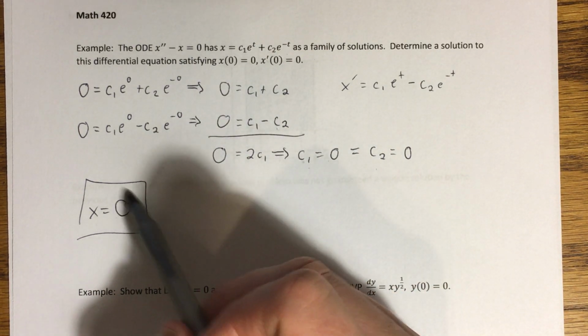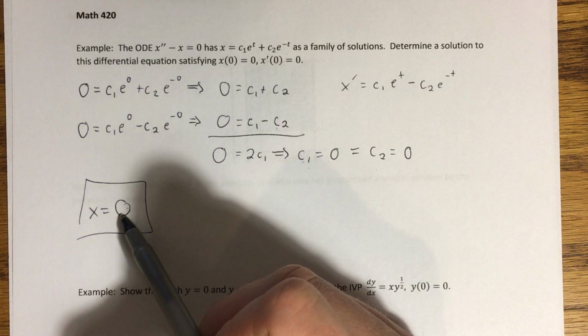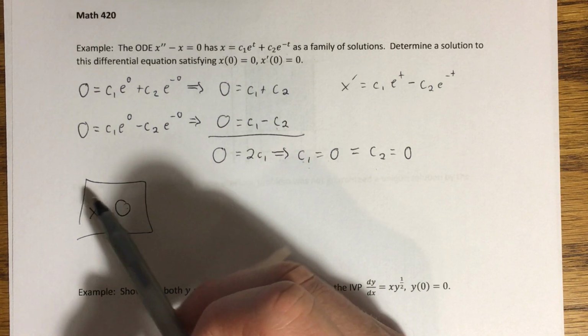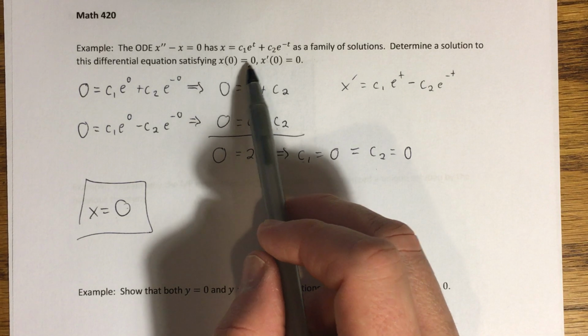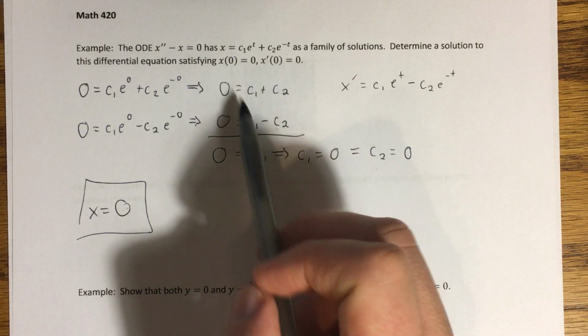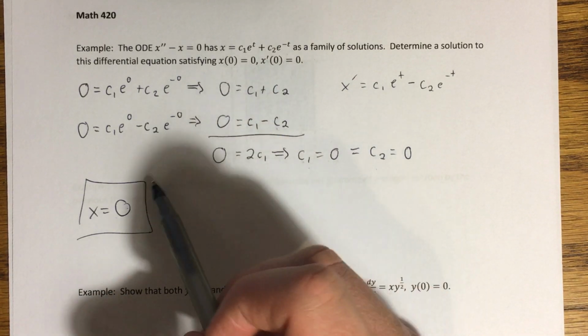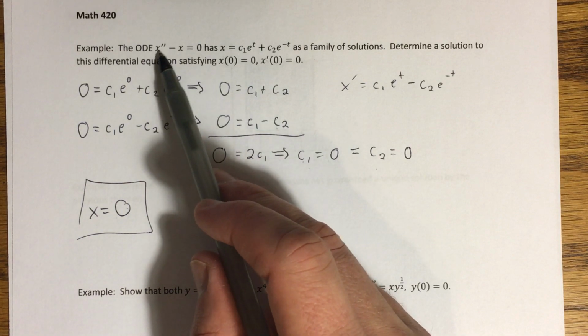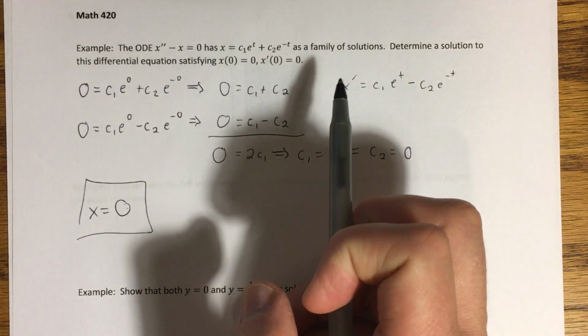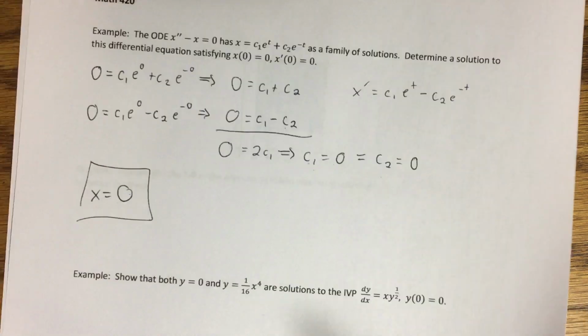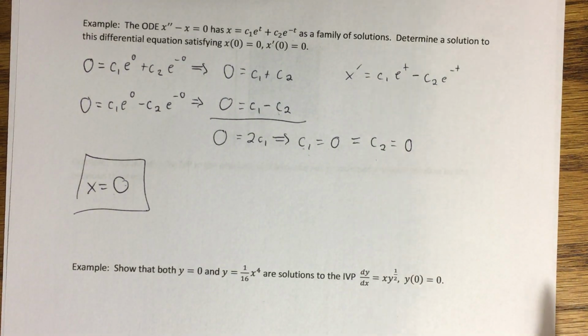If x equals 0 is the solution I'm working with, then x prime would equal 0 as well, because it's a constant function, as would x double prime. So these would both clearly be zeros. That satisfies those pretty easily. Also, this would look like 0 minus 0 equals 0, clearly true. So the answer here is the trivial solution, x equals 0.